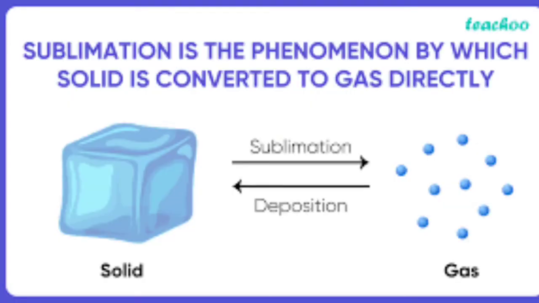Sublimation is the process of changing ice into water vapor without converting into water in between. Generally, water goes from solid state to liquid state, then liquid state to gaseous state. That is the water property. But in sublimation, it goes straight from solid to vapor.